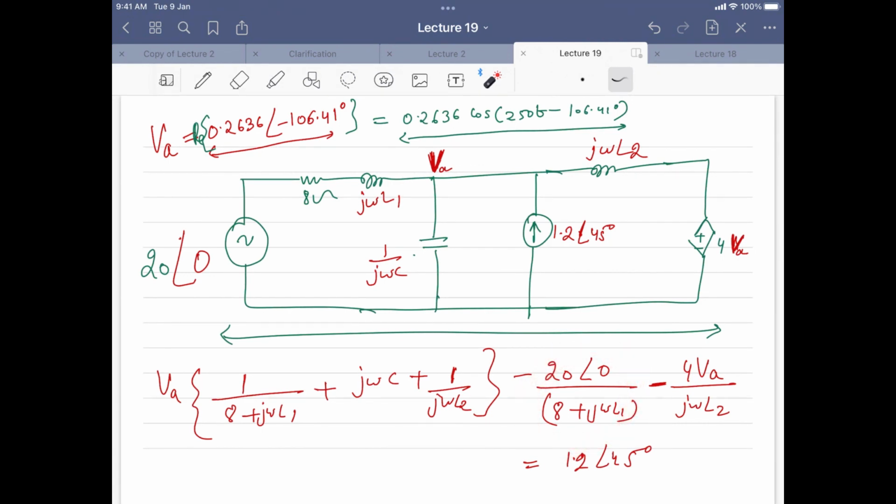And once you finally add the things up, you will be comfortable doing it in Cartesian coordinates. So the Cartesian version of this is 0.4706 plus j 0.1176. Once you convert this, you will get this answer.